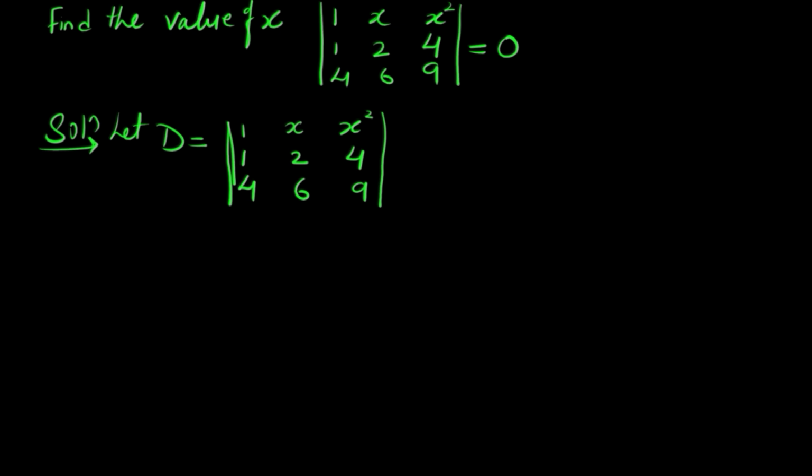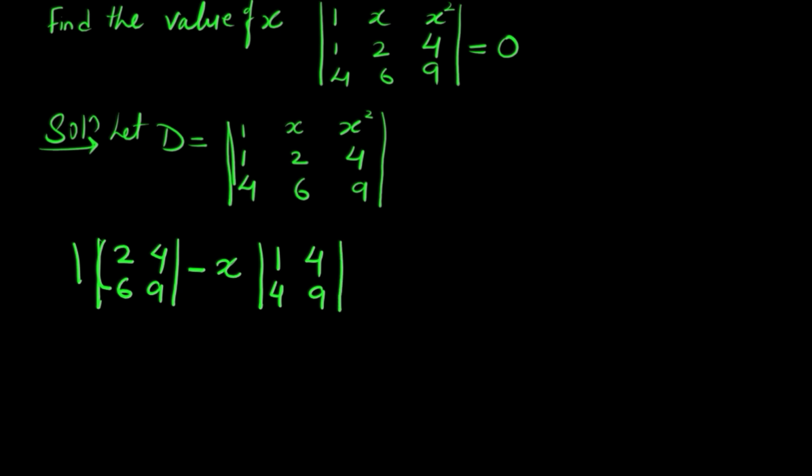First, same method, we hide the first row and first column, this 1 as it is comes here. So our first row and first column are hidden, and what remains is the determinant 2 4, 6 9. The second is minus. Similarly this will have x, so we write here x and the determinant of first row, second column, so it becomes 1 4, 4 9.